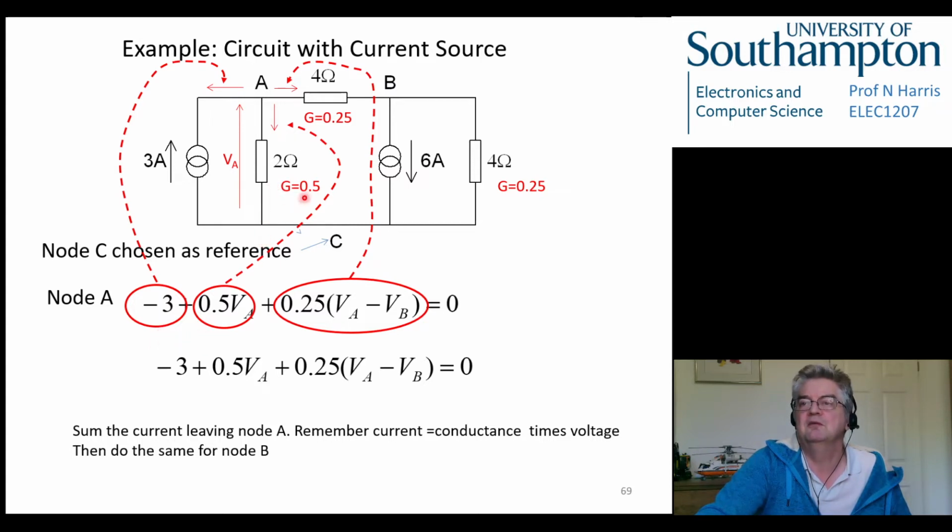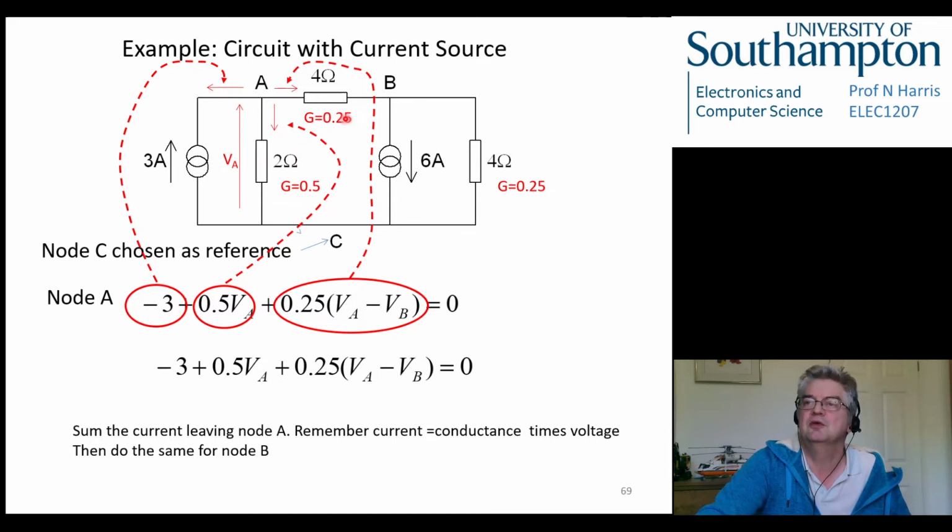We're then going to have 0.5 VA, so I've converted these resistances into conductances. 1 over 2 is 0.5, 1 over 4 is 0.25. So this one becomes 0.5 plus 0.5 VA. The current is the conductance times the voltage, so that's where we get that from.